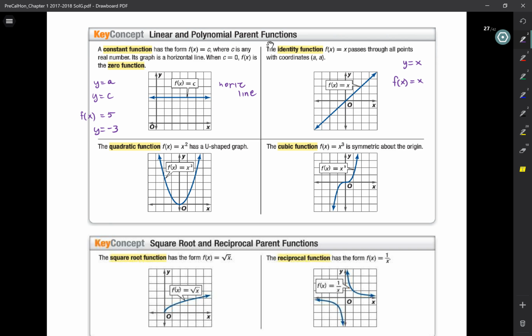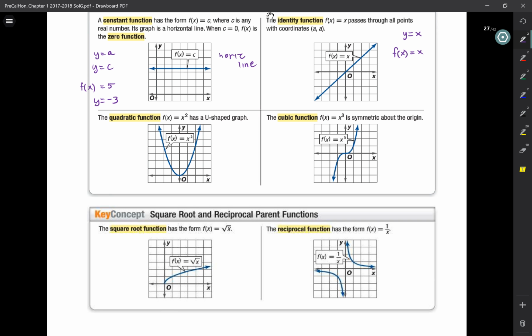Because when x equals 5, what's y? 5. When x equals negative 2, what's y? When x equals 3, what's y? Do you see how it's the identity? You just get the same thing back. So that's an identity function.